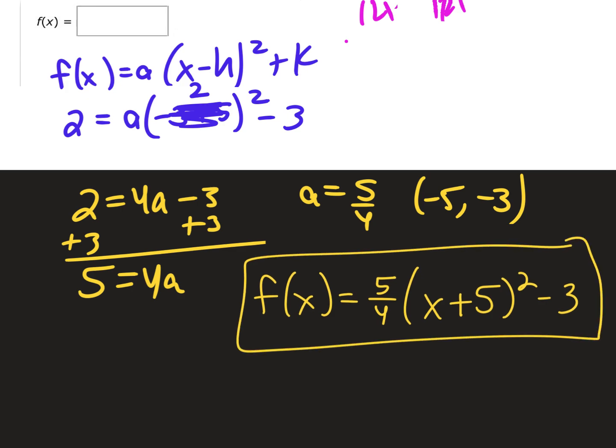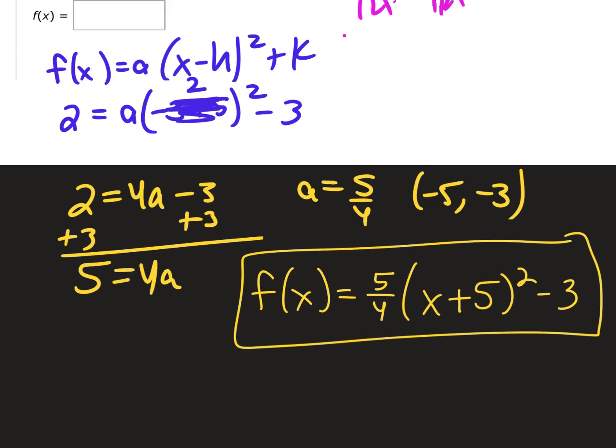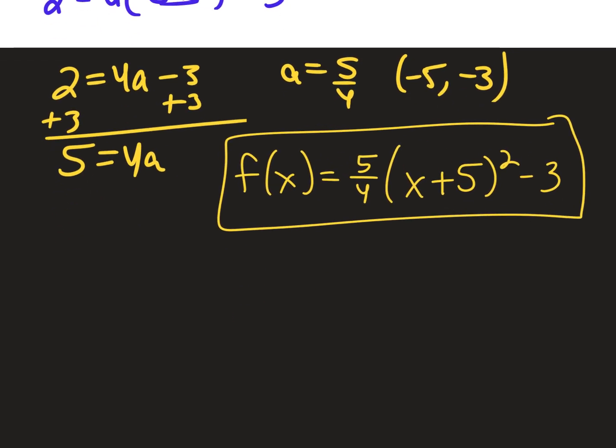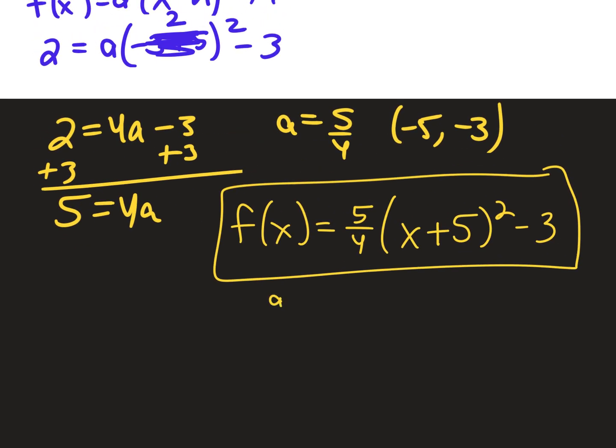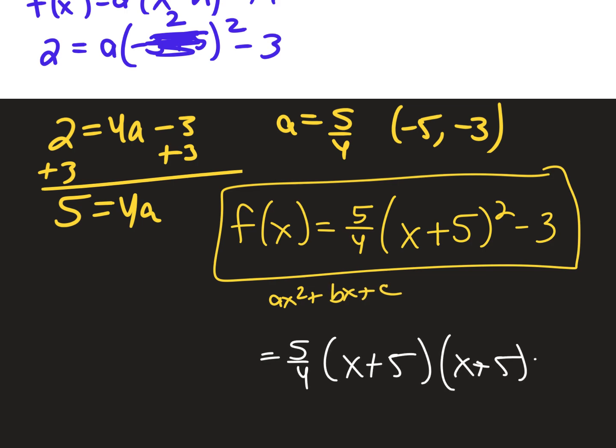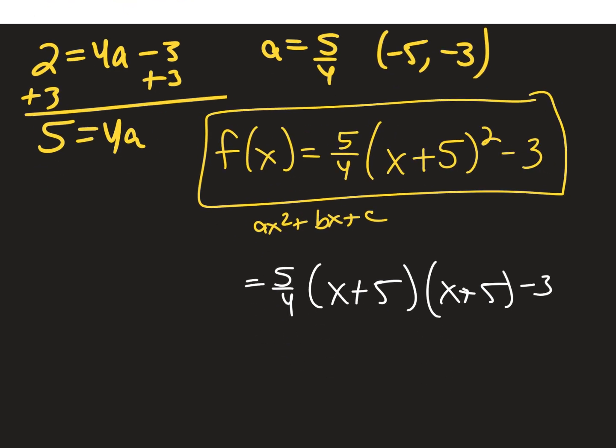Now, I'm not asking you this, but if on a test or a quiz it said, now that you're in vertex form, write it in standard form, ax squared plus bx plus c, you just use algebra. We'd say, I have 5/4 times x plus 5 times x plus 5, minus 3. You don't have to do this right now, I'm just showing you. What would you do first?